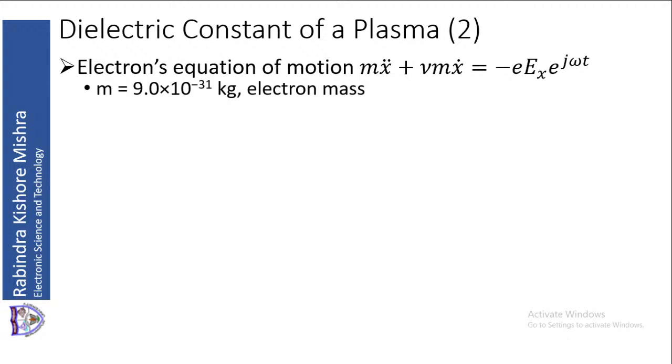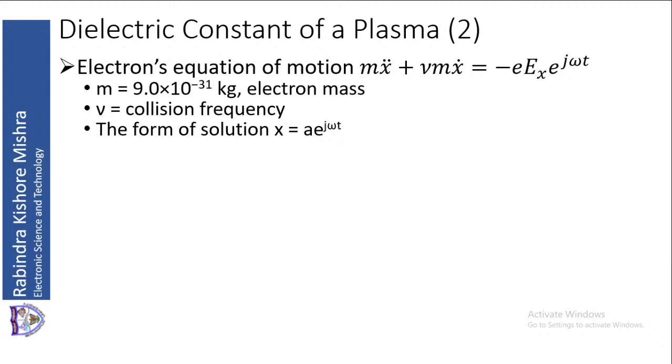In this equation, m is the mass of the electron, which is 9 into 10 power minus 31 kg. Nu is called the collision frequency, the frequency of collision among two electrons.